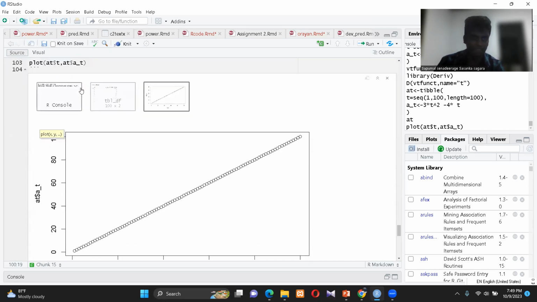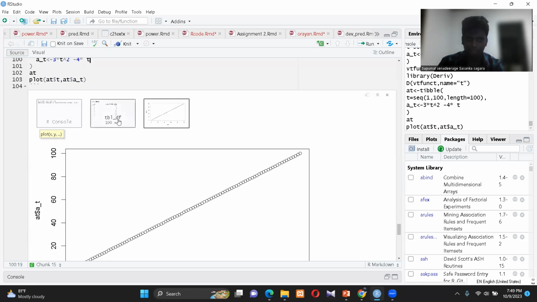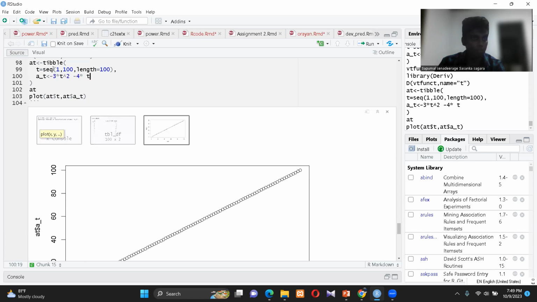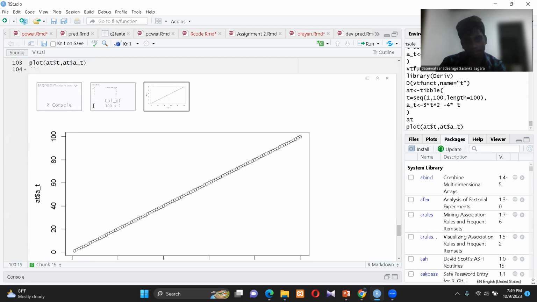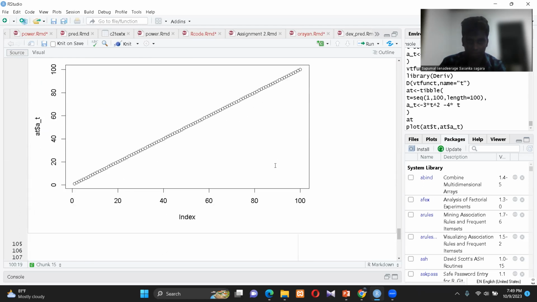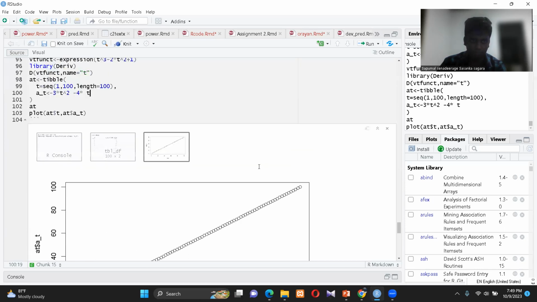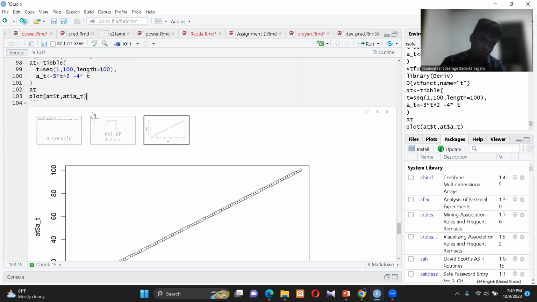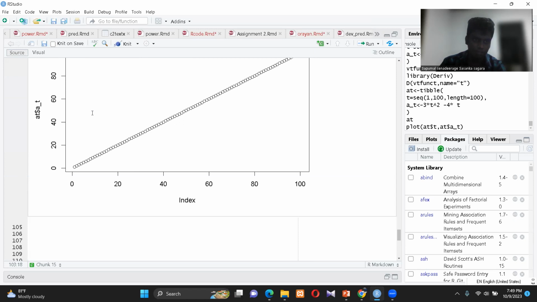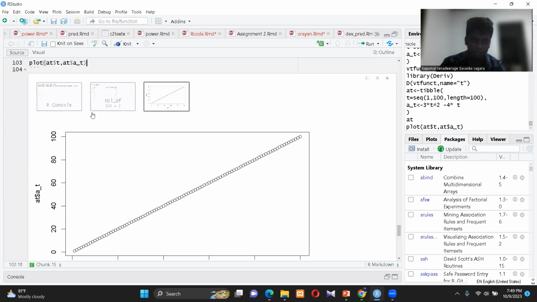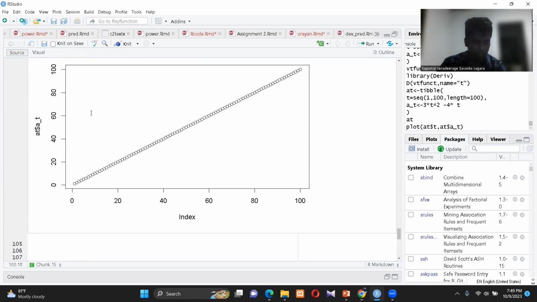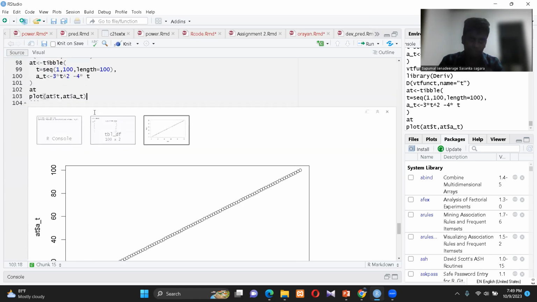In quadratic form, the curvature is not too large within 0 and 100, so it seems like a line. Actually, it seems like a straight line. How did it become a straight line?